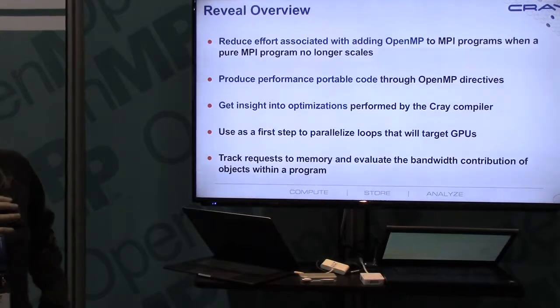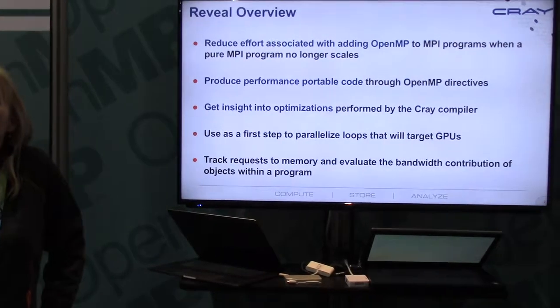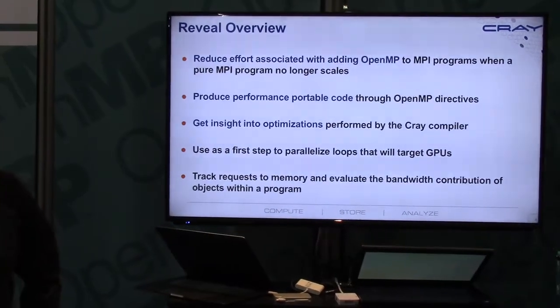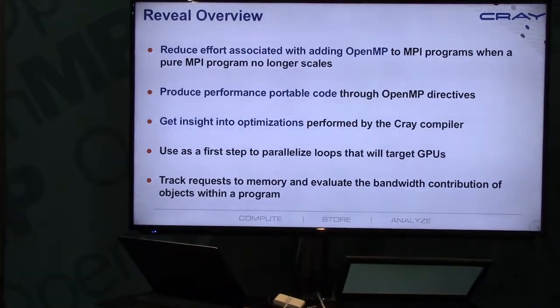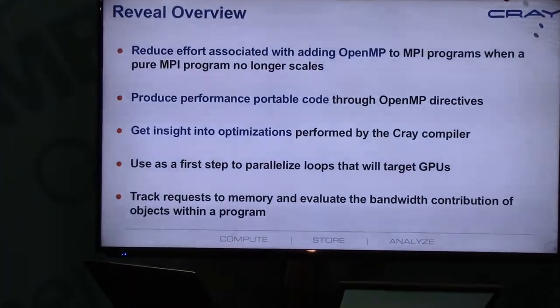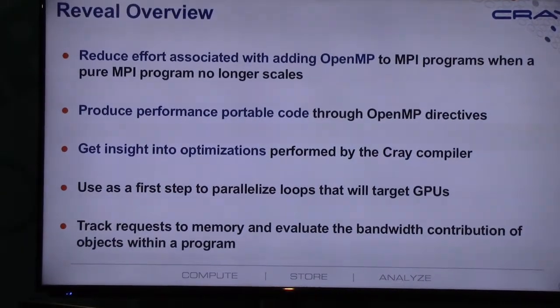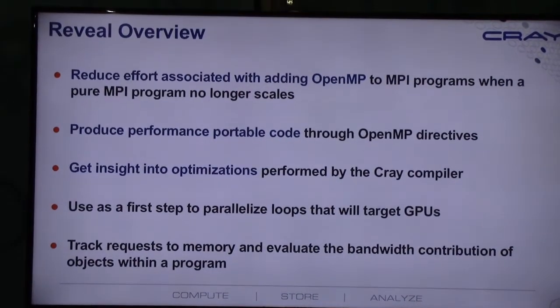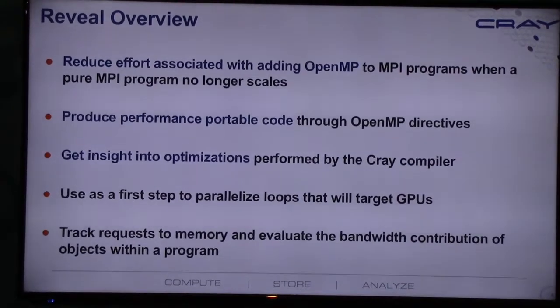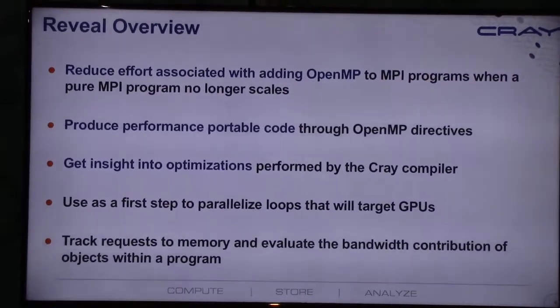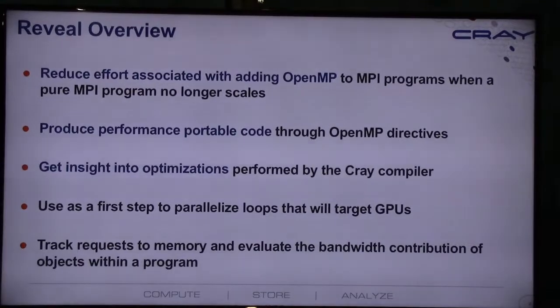The first thing is that our intent is to reduce the effort associated with adding OpenMP to an MPI program. Traditionally a lot of our customers have pure MPI programs and have added OpenMP to these applications when the MPI stops scaling. So the goal is to produce performance portable code.